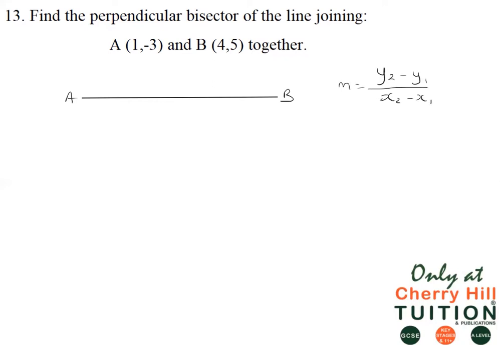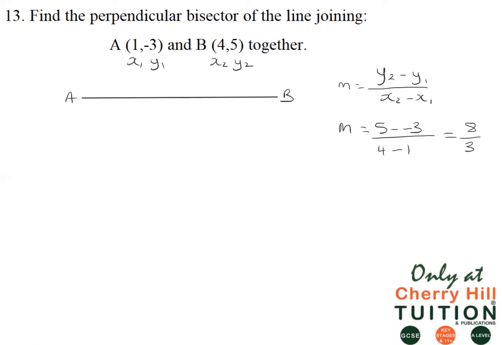Plugging in our numbers, so let's label our coordinates first. y2 is 5 minus y1, which is minus 3, over x2, which is 4, minus x1, which is 1, and this simplifies to 5 plus 3, which is 8 over 3. So our gradient is 8 over 3.